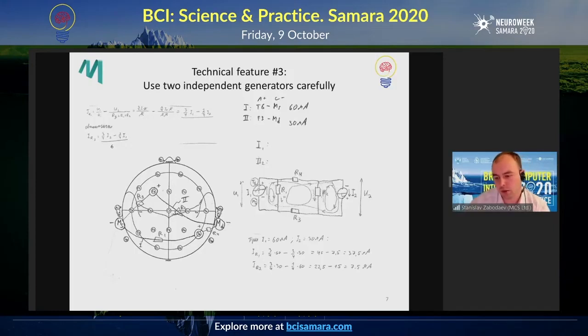Had both of these generators run independently, then we would have had one anode, one cathode, one input, one output area. But the minute we connect the second generator, then these generators become galvanically coupled through the patient's skull.